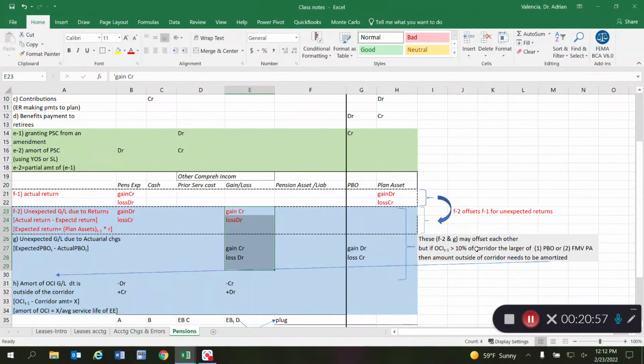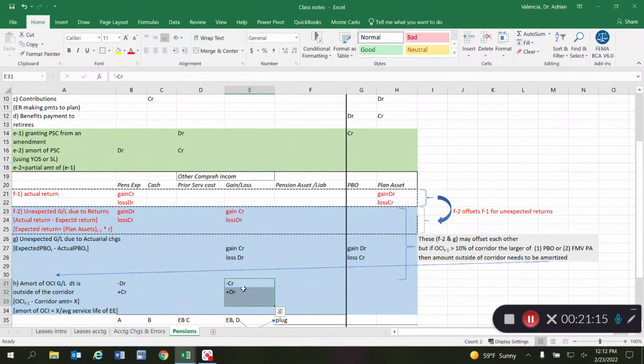Again, don't worry about what this corridor thing is yet. But what you need to understand big picture is once the balance is greater than 10% of something, then we will start removing it out of OCI.